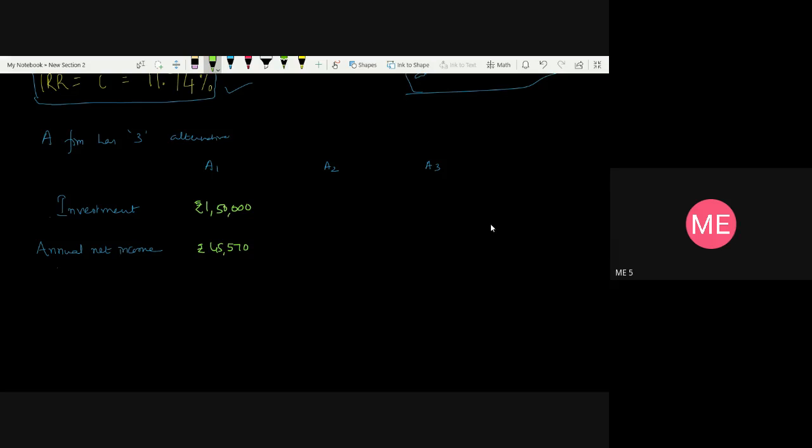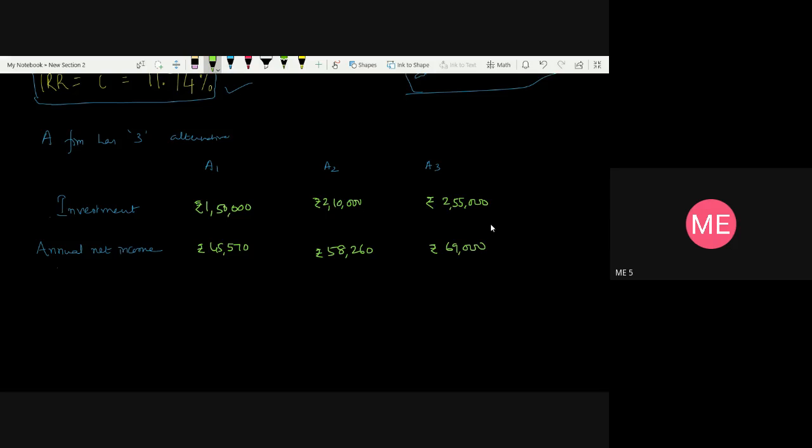For alternative 2, we have rupees 2,10,000 and the revenue is going to be 58,260 rupees. And 2,55,000 is the investment for alternative 3, and the income is rupees 69,000.